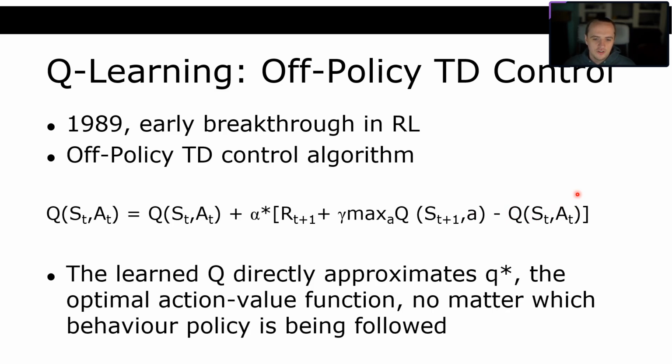So the learned Q value, Q of S_t, A_t, directly approximates Q star, the optimal action value function, no matter which behavior policy is being followed. That means we could actually generate random episodes and learn the optimal policy using Q-learning, which is incredible.